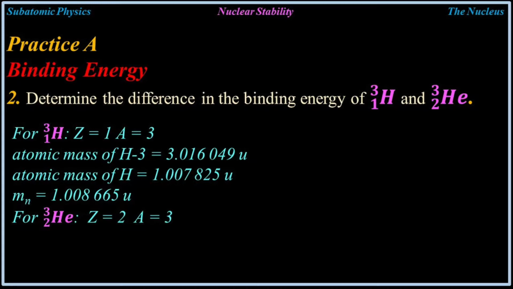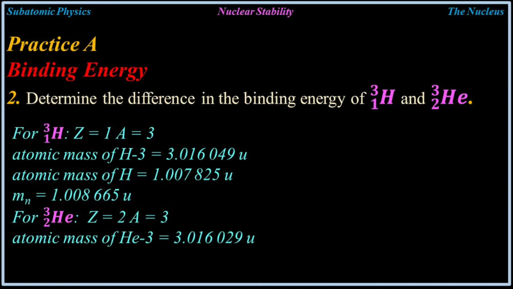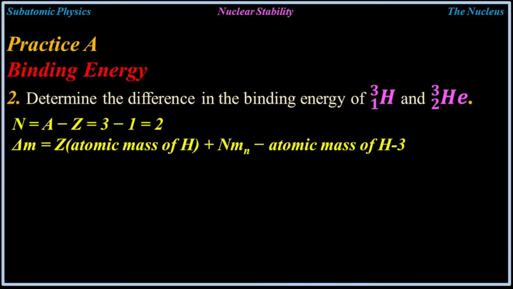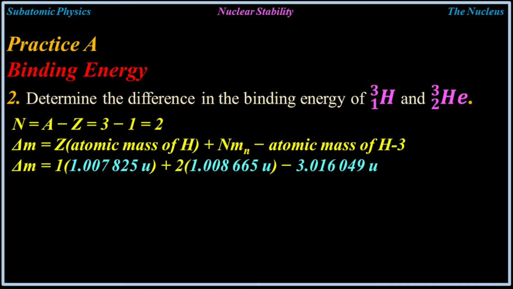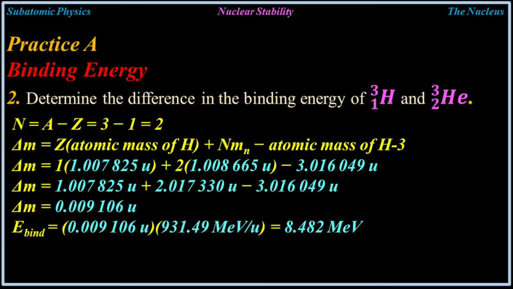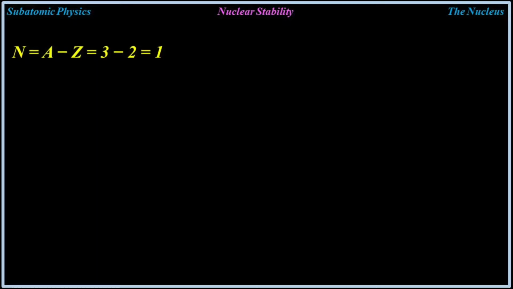You have helium 3, A and Z, and the atomic mass of helium 3, and the delta M is going to be, looks like for helium 3, 0.009106 U, and the E bind is going to be 8.482 mega electron volts.